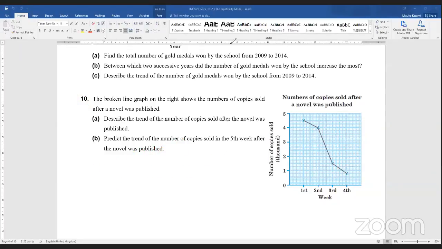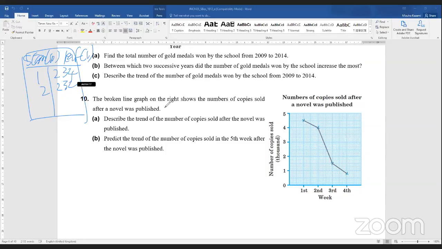Because stem and leaf diagrams are very common in the DSE exam. Stem and leaf diagram. You can look at your book, starting from page 36. Okay, that one is very common in the DSE exam. Okay, that's why we may spend more time on it.